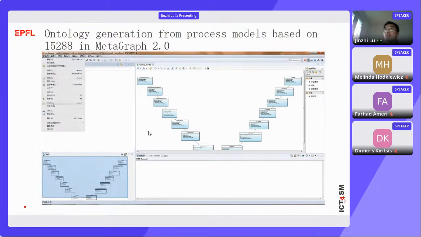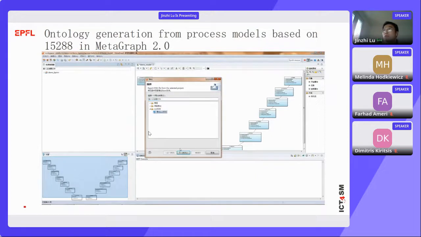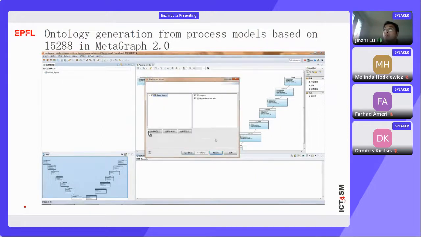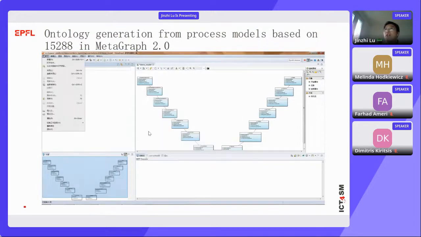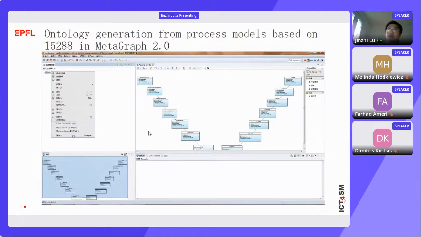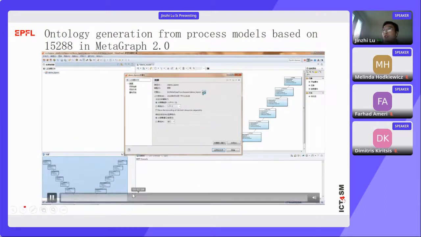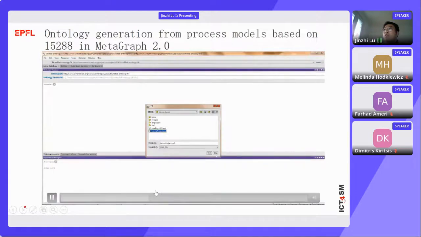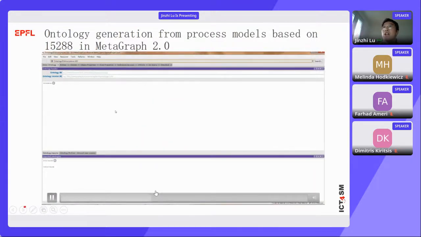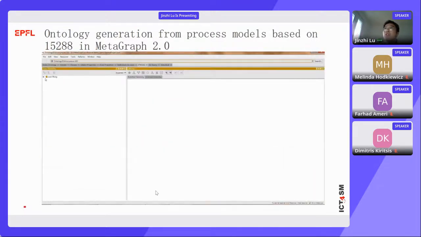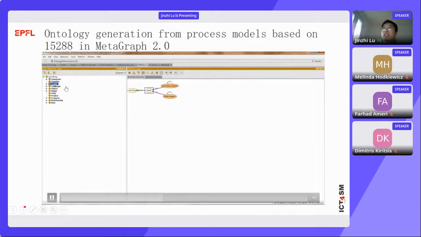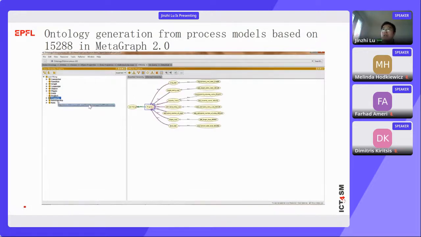And then when we transform this life cycle model to the ontology, we can generate an OWL model. When we open this OWL model, we can see all the architecture model is generated in the ontology we designed. And then based on these ontologies, we also can reload all of them back to the architecture model.